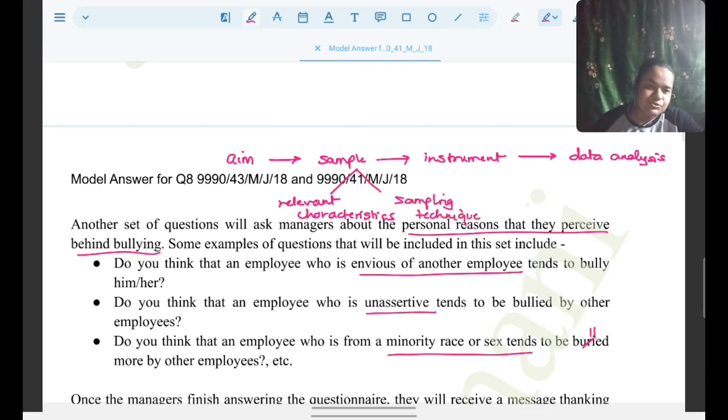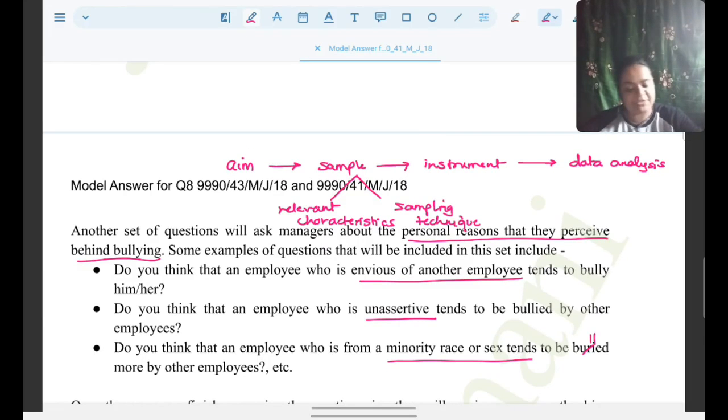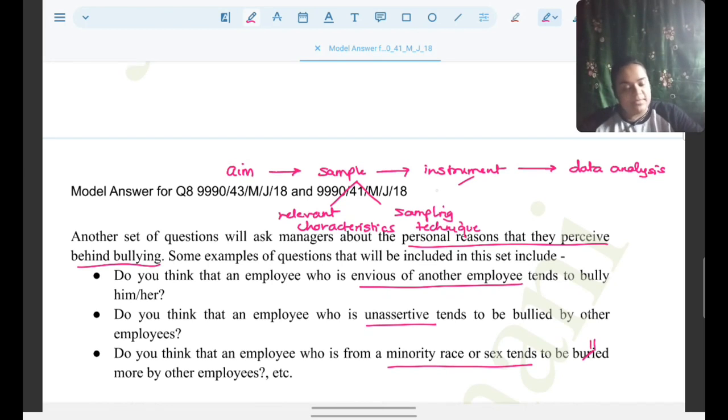When it comes to instrumentation, the tool, if it would have been an experiment, the task we are designing, an observation, the behavior we're going to look out for, a correlation study, the tests that we are going to use, whatever the instrument is, here you're talking specifically of a questionnaire. Within a questionnaire, we need to consider what are going to be the types of questions, in the sense closed or open.